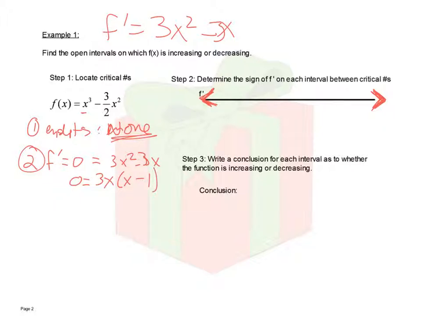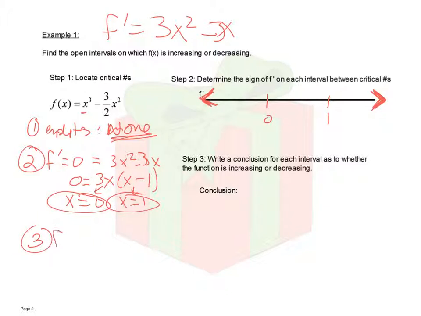Now, if I factor out a 3x, I get x equals 0 from this part, and I get x equals 1 from this part. Okay, so those are our two critical points where f prime equals 0. I'm going to put those critical points on my number line for a second. Those are two of our critical points.